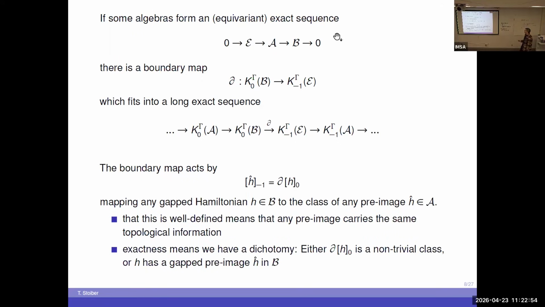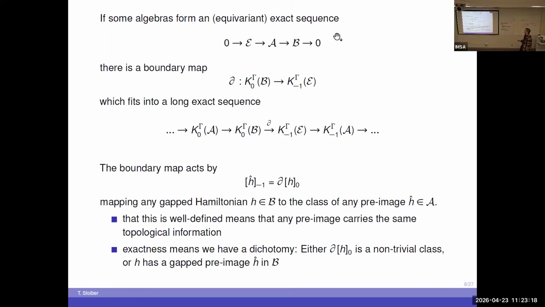And the second thing is this is an exact sequence. So exactness means that the class of the bulk Hamiltonian H has a pre-image in this K theory class of A, so of our observer algebra of the half-space boundary, if and only if this boundary map is trivial.